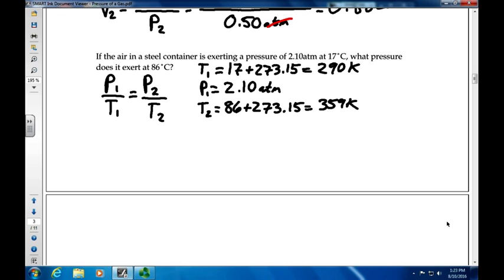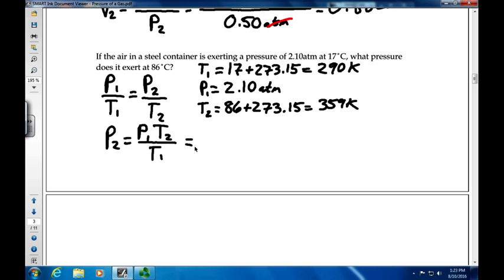So we're solving for P final. And in order to do that, we multiply by our final temperature to both sides, and we get P final is equal to P initial times T final all over T initial.